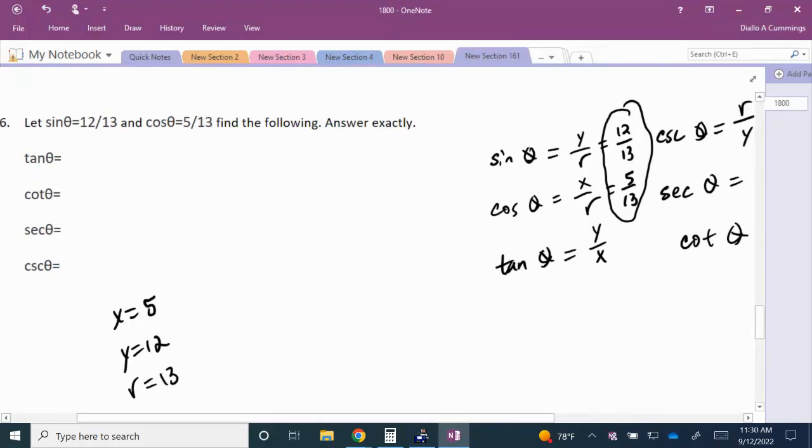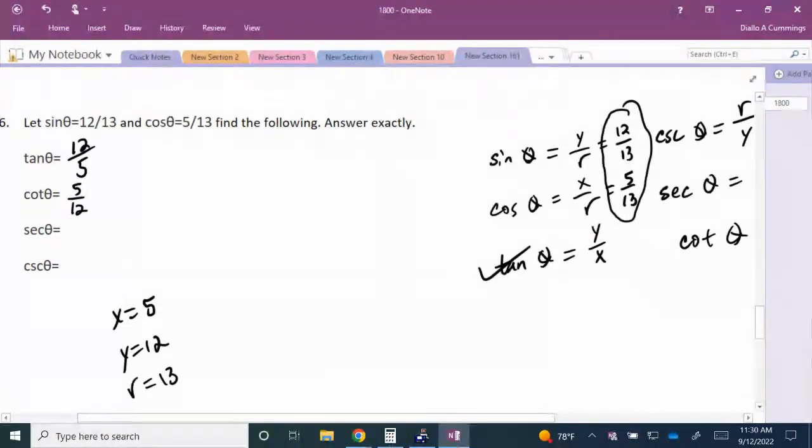If we were asked to find the tangent, the tangent is y over x. Our y value is 12. Our x value is 5. For the cotangent, that's just the reciprocal of the tangent, so that's 5 over 12.